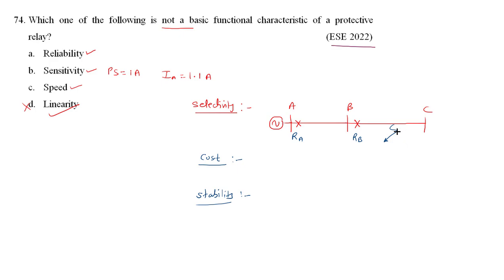If I explain from this figure itself, if a fault takes place here, high current will flow through both feeder AB as well as feeder BC. But that high current should not lead to operation of this particular relay RA. First RB should operate, so the relay should be stable. That is the meaning of stability. All these are desired characteristics. Linearity is not a desired characteristic, so the correct answer here will be option D.